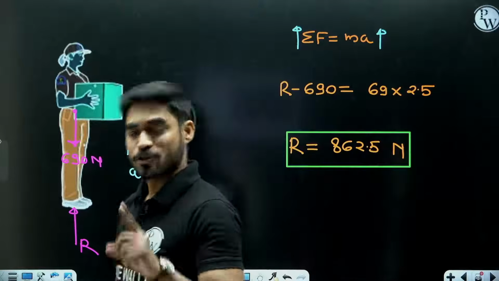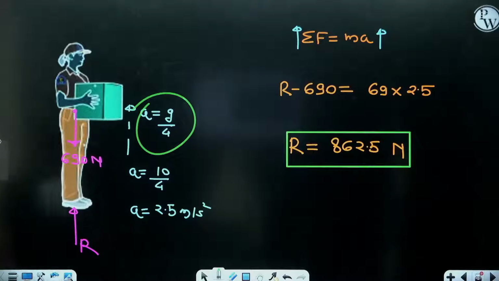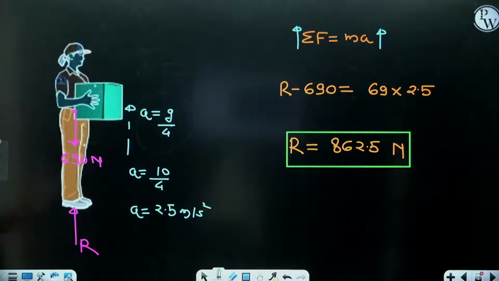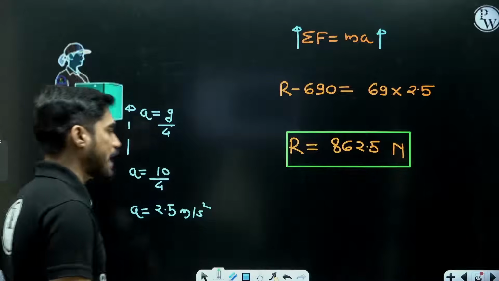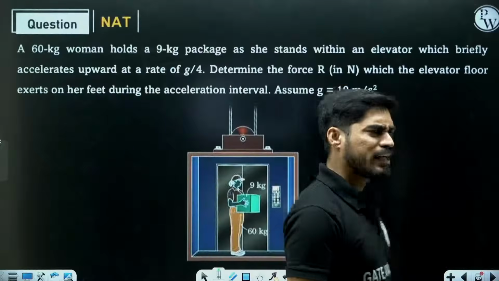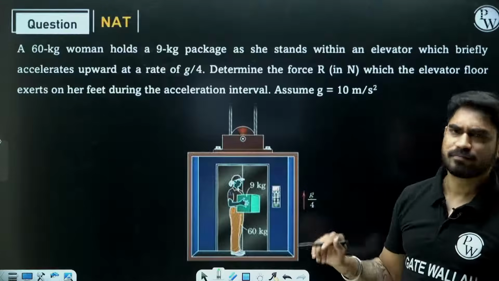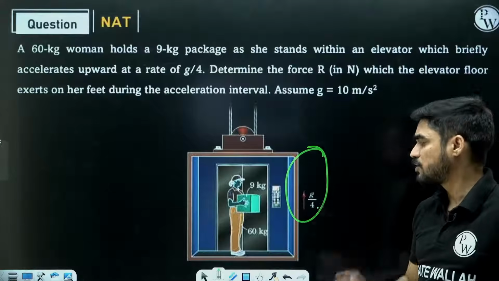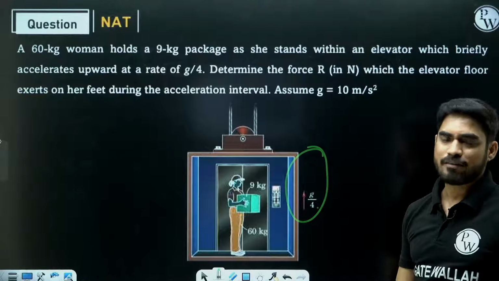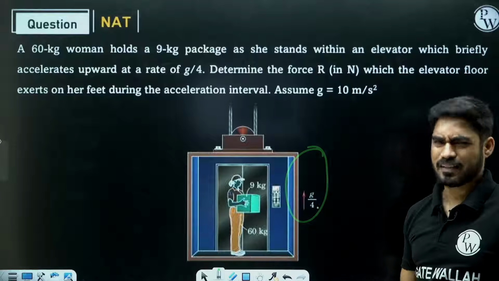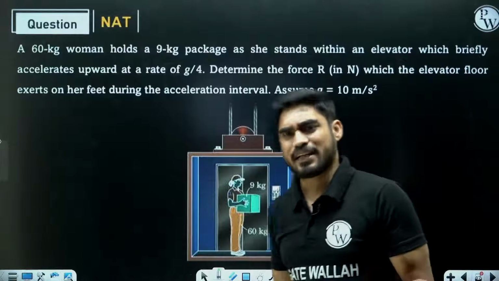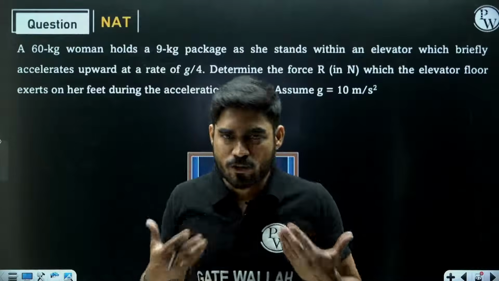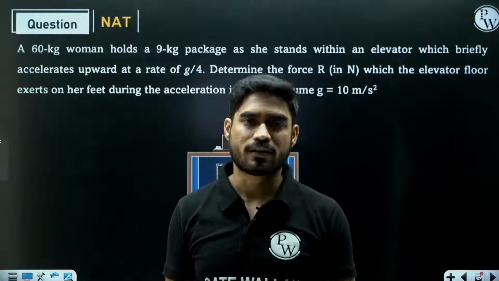Okay, so the same problem can also be asked in a different way. For example, they can ask you, what will be the effective weight of the woman if the lift is moving upward with the acceleration of g/4? So how will you calculate this effective weight? Simple. See, what is the weight? It is the force acting between you and the surface you are standing on, right?